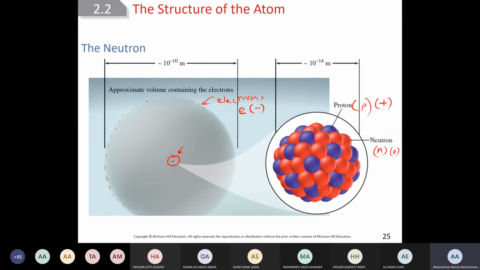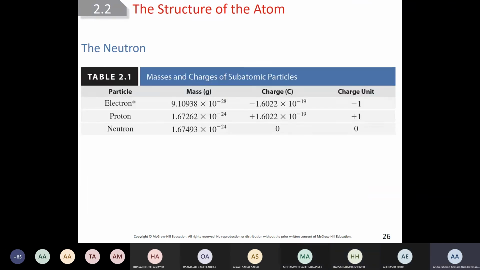Do we know the mass of the electron? Yes. How did we know it? So the charge and the mass of the electron, the protons, and the neutron were found together.